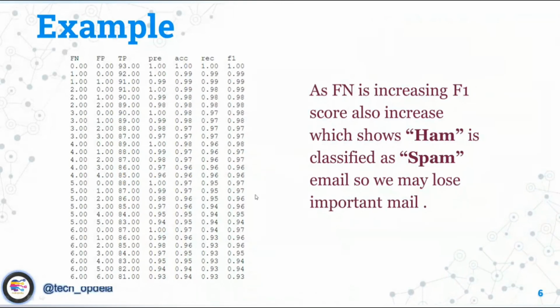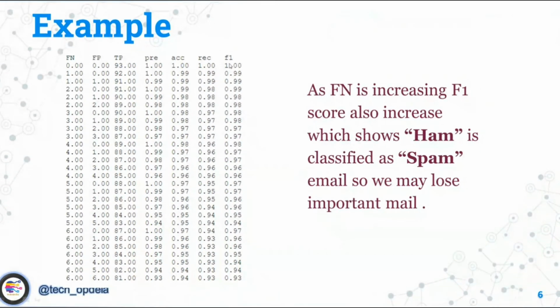Here is the outcome of the previous function. Here you can see that F1 is increasing in this manner and false negative is decreasing in this manner. Why? Because F1 score focuses on false negative and false positive.